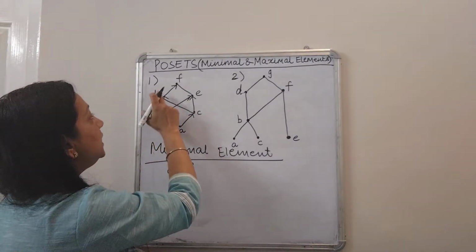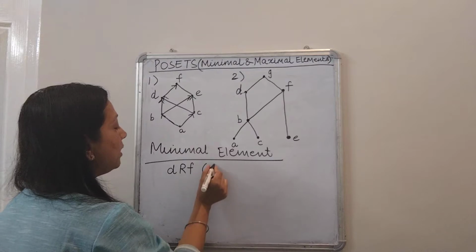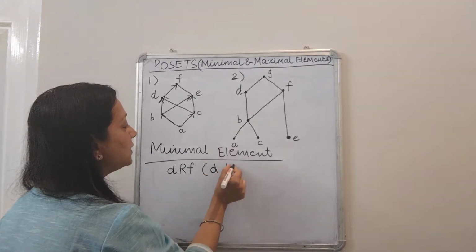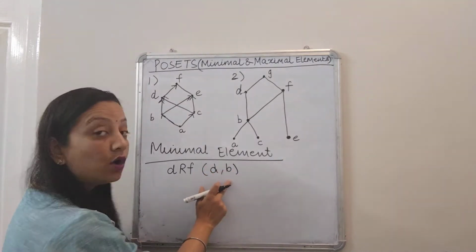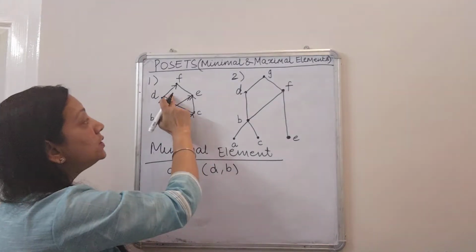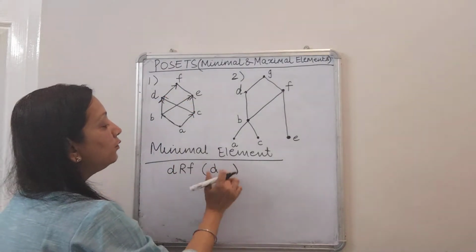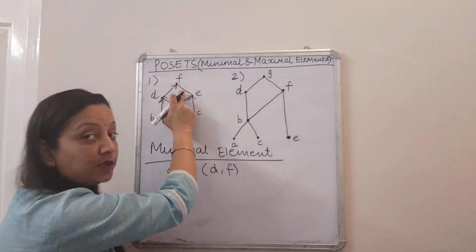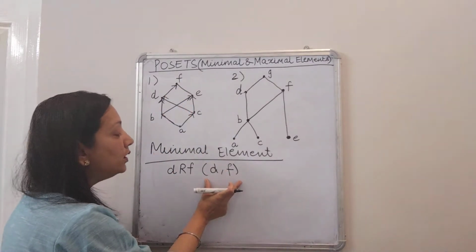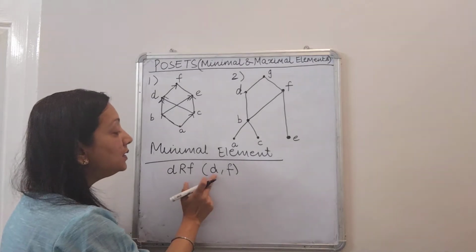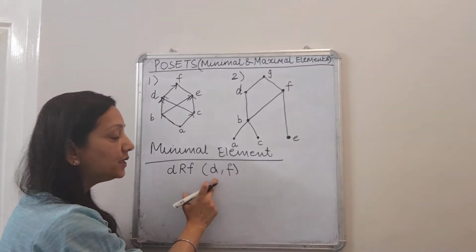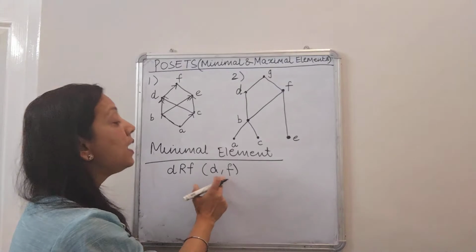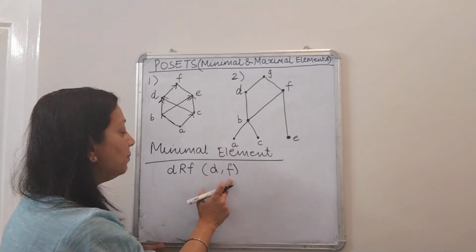So if I talk about the ordered pair, it would exist like (D, F), because the relation is going from D to F. That is, D would be the first element and F would be the second element, right?